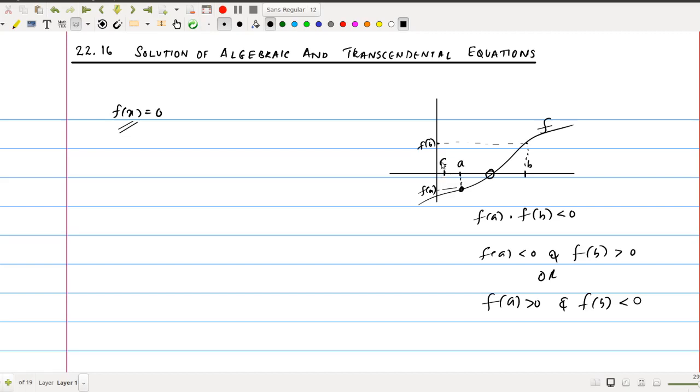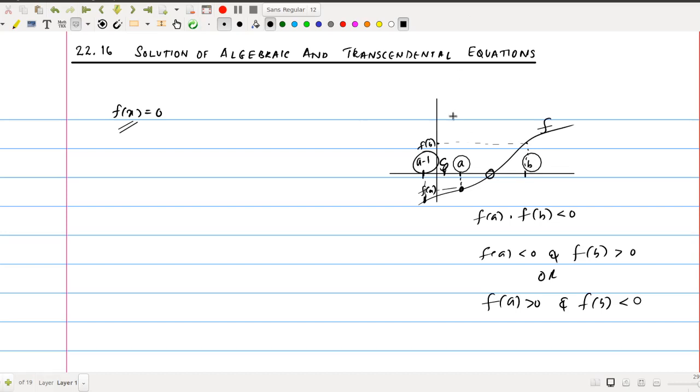If we replace this a by a minus 1, you can get f of a minus 1 negative, and then you can get a root between a minus 1 and b, but they are not consecutive integers. So our intention is to get two consecutive integers a and b such that f of a and f of b have opposite signs.